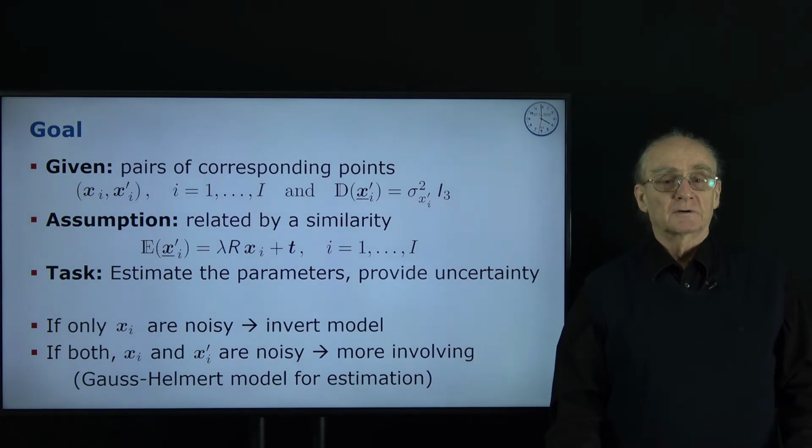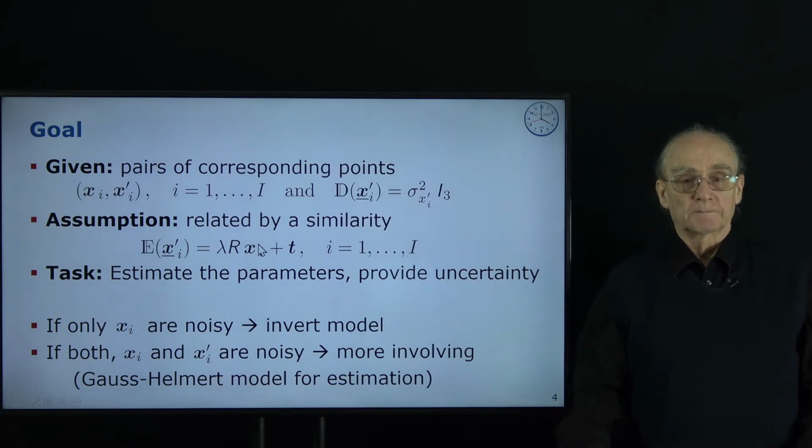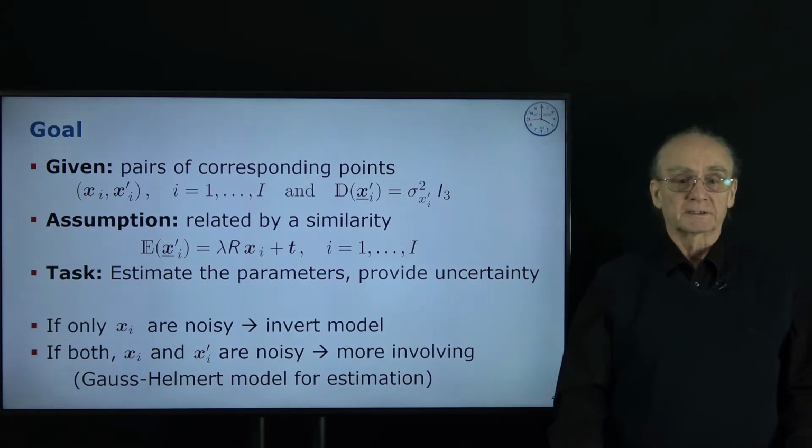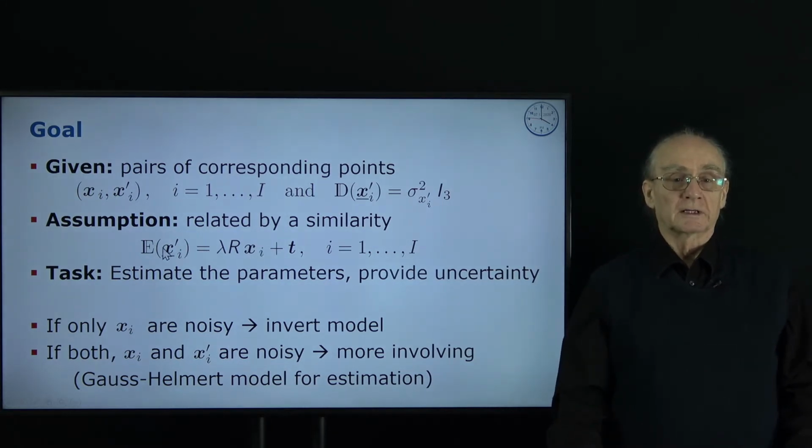Now, if this model is given for you and the x_i are uncertain and the x_i prime are given, then you just have to invert that model by solving it for x_i. And if both are uncertain, things are a little bit more involved. There you need a different type of estimation model, namely the Gauss-Helmert model, which I will not discuss in this lecture.